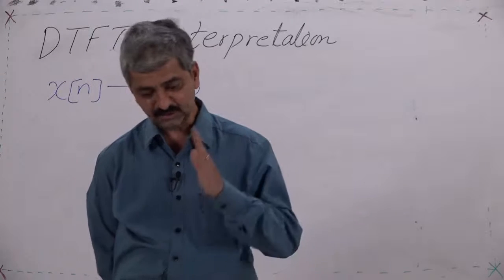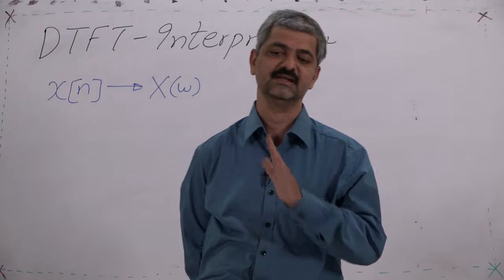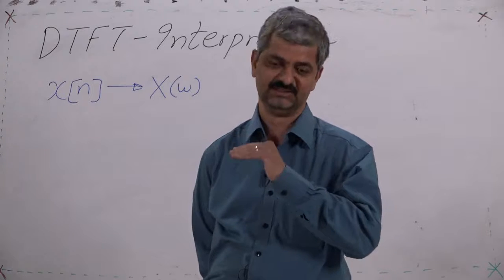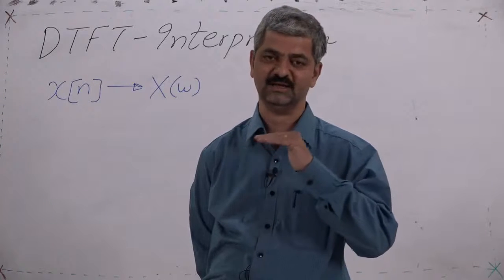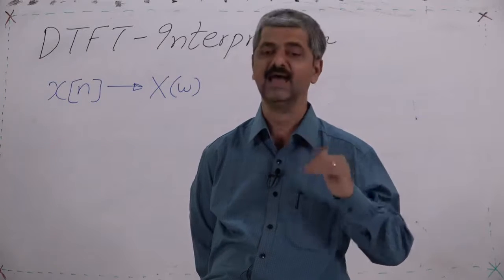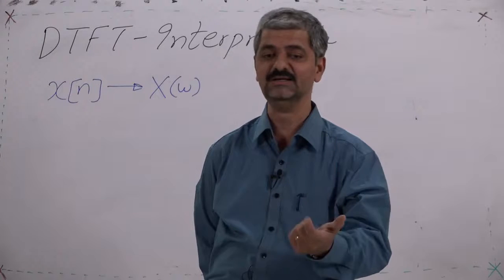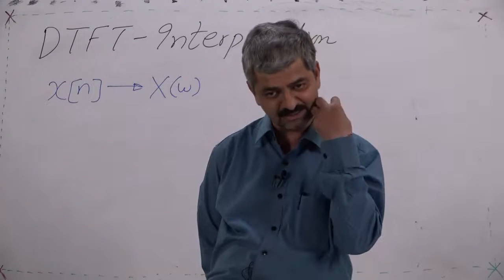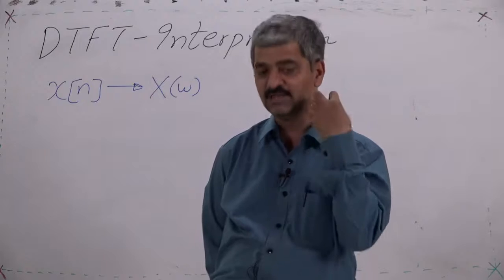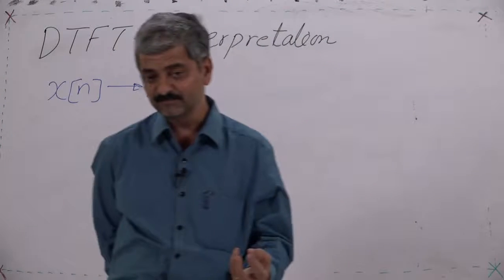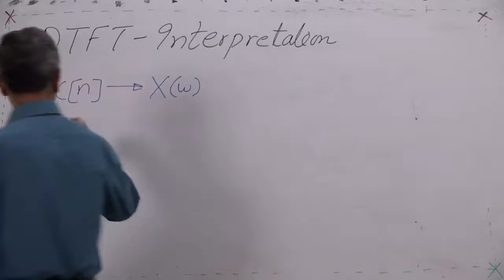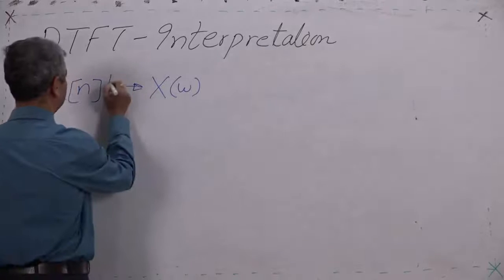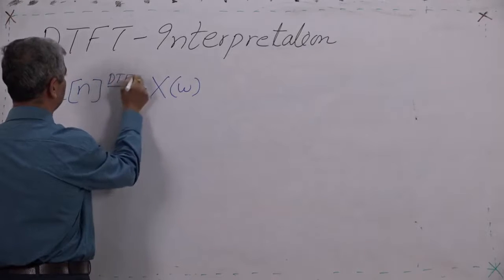So, the individual marks, there are 6 numbers, x1, x2, x3, x4, x5, x6, and their sum total is some another number. So, it is also a transformation, a non-invertible transformation, but see, this is a DTFT-like operation.